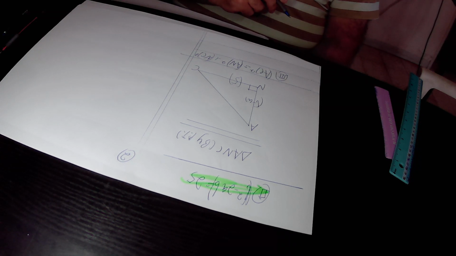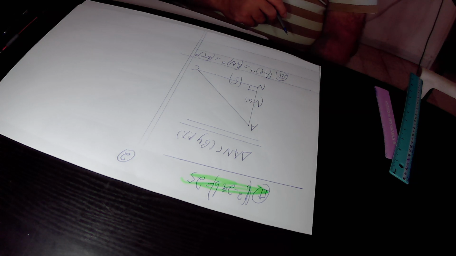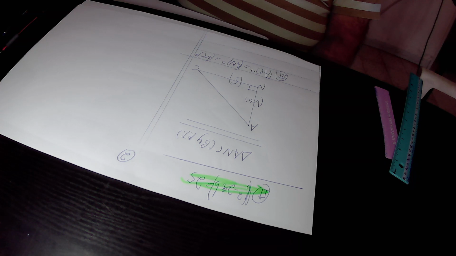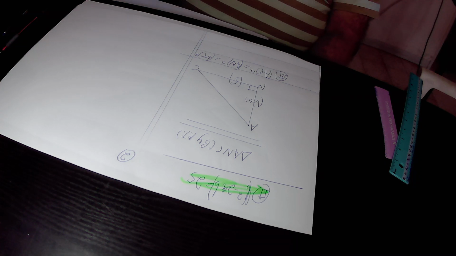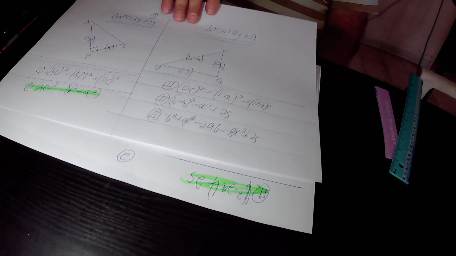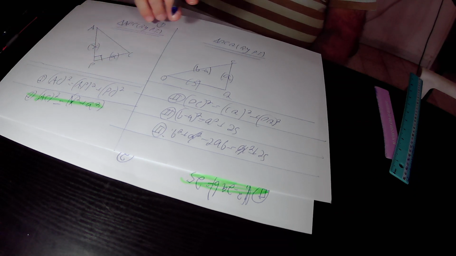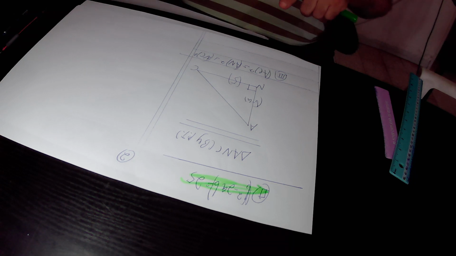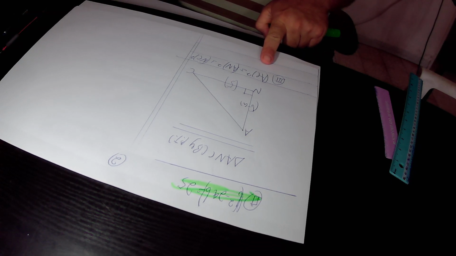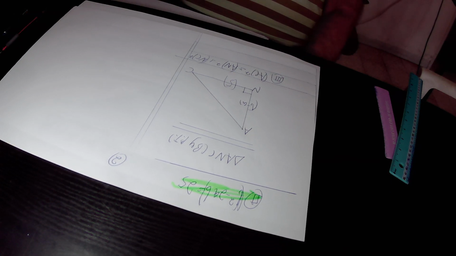AC is the missing side, but according to equation 1, AC squared equals X squared plus A squared. Therefore, we substitute AC squared in equation 3 by X squared plus A squared.